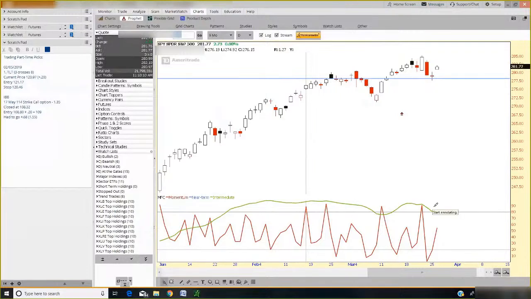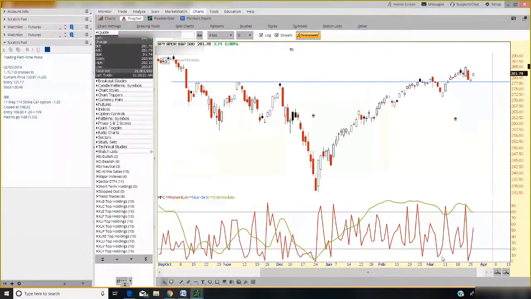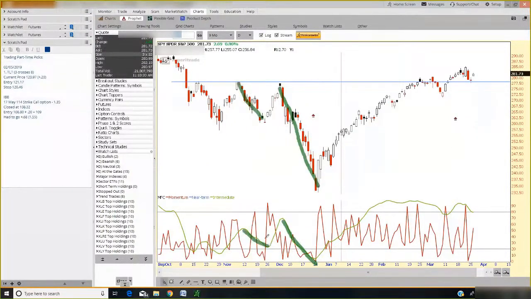But when the green line is in this zone up here, you're bullish. When it's going up, you're bullish. When it's going down, look what happens to the market. It's going down. When it's going up, it's going up.